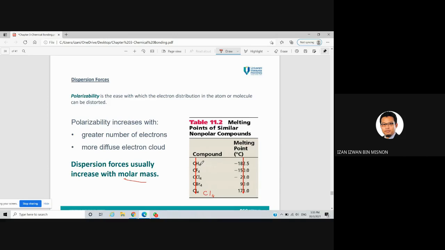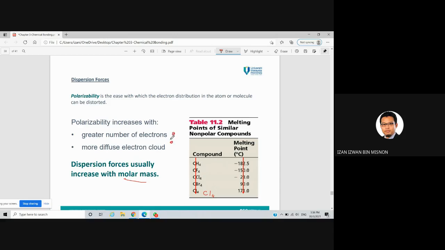So we can see here methane will have a melting point of negative 182.5 degrees C. And then when we have carbon tetrafluoride, the melting point is reduced to negative 150.